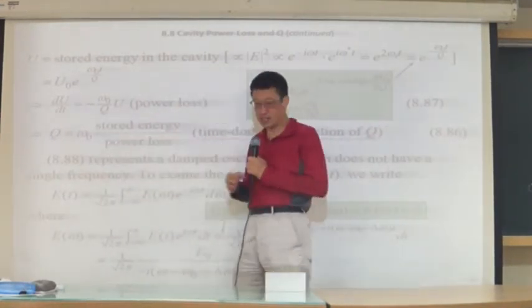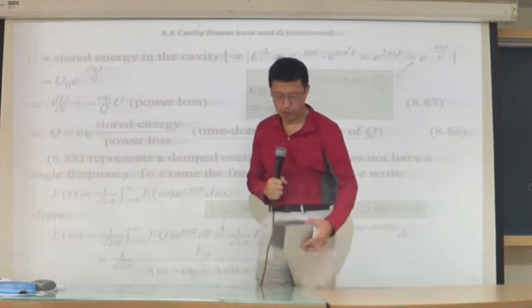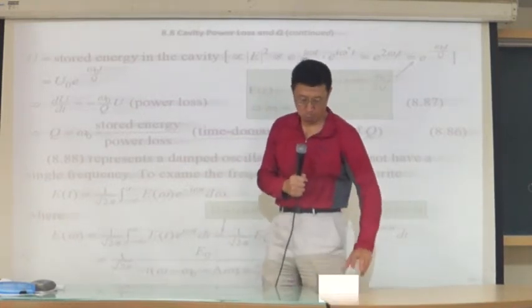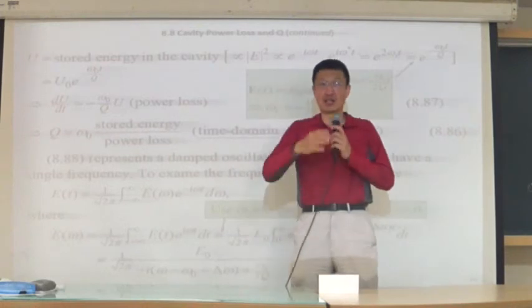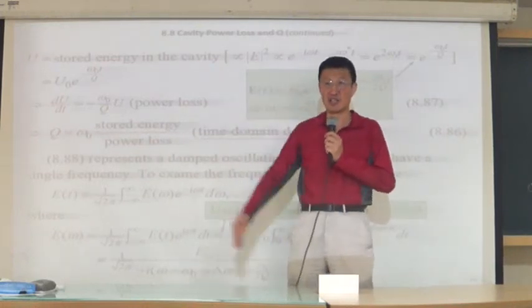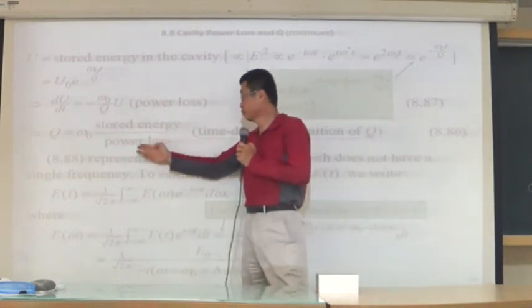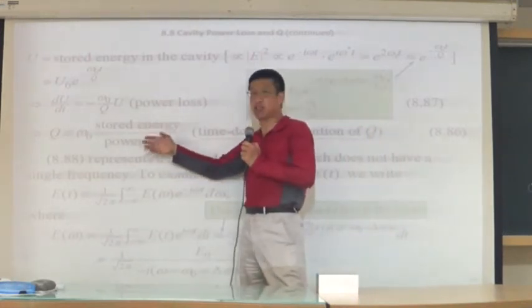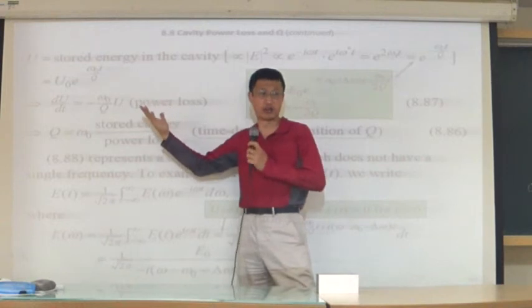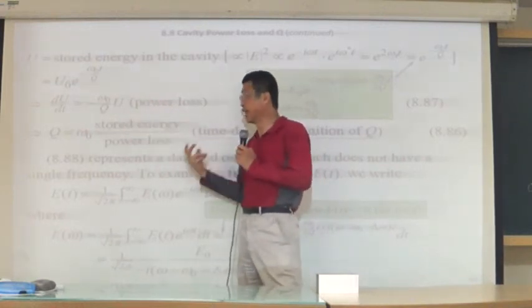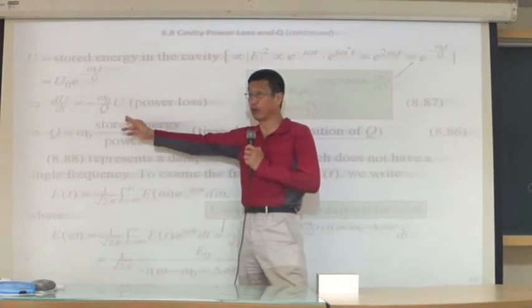And just imagine we have a super large cavity. If this cavity is about the size of Tsinghua University, and we open a small hole, the quality factor will still be large. So if we have an extremely large cavity, the quality factor will be very, very large.